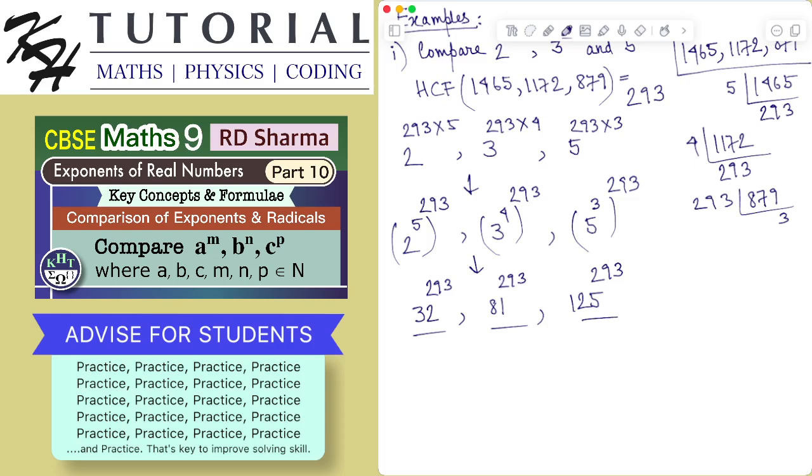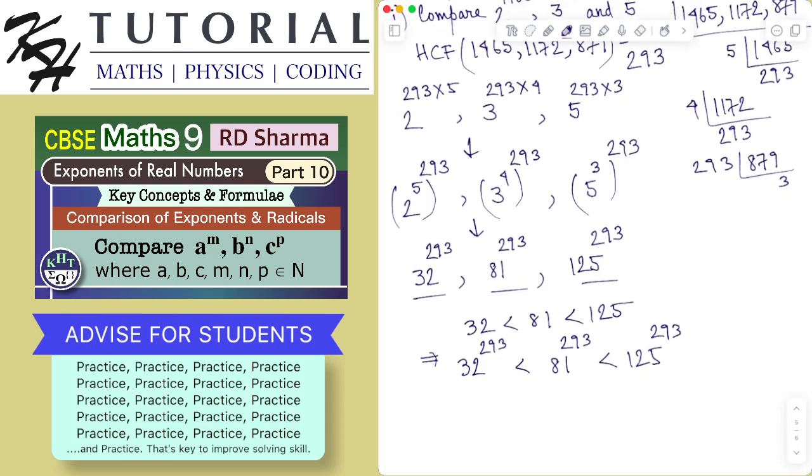So we have to compare based on the bases. Clearly we can see that 32 is less than 81 is less than 125. So this will imply that 32 raised to the power 293 will be less than 81 raised to the power 293, which will be less than 125 raised to the power 293.